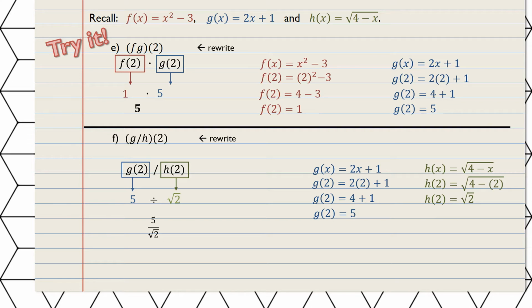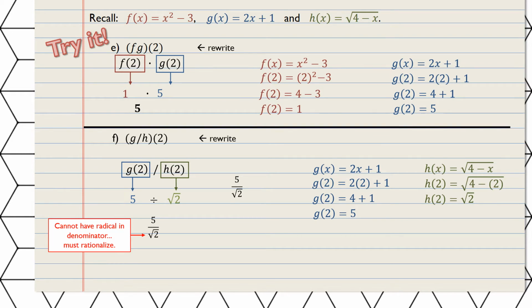What do you notice? Well, notice there is a radical in the denominator, and you cannot keep a radical in the denominator, so we have to rationalize, which means to remove the radical from the denominator. So we have a little bit more side work to do. We currently have 5 over square root 2.